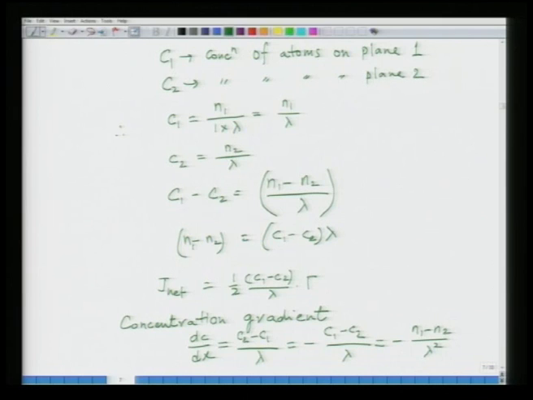So, this is your concentration gradient. Now, you know that from Fick's first law, J is equal to minus D dC by dx. Okay. So, this becomes J is equal to minus D into n 1 minus n 2 divided by lambda square.